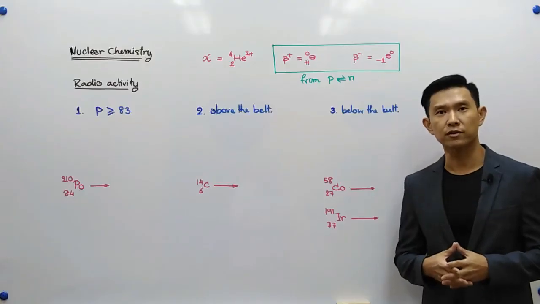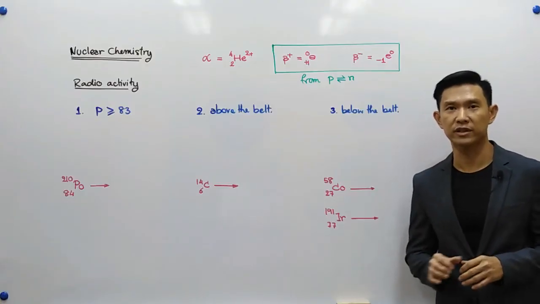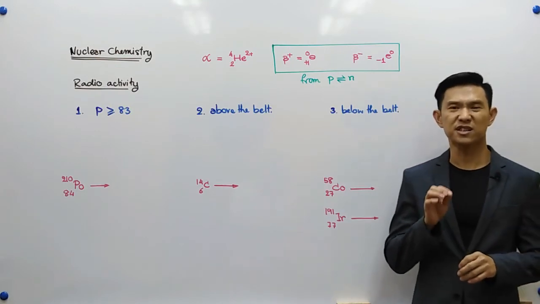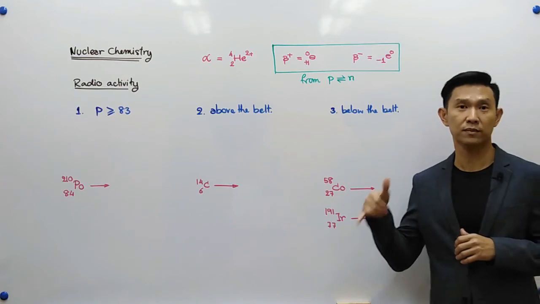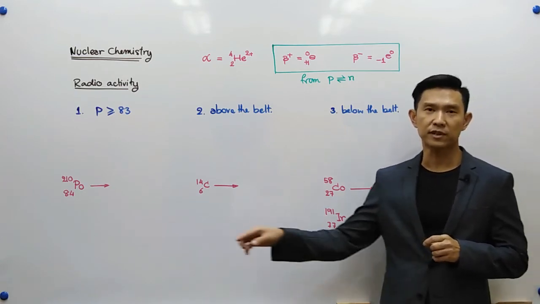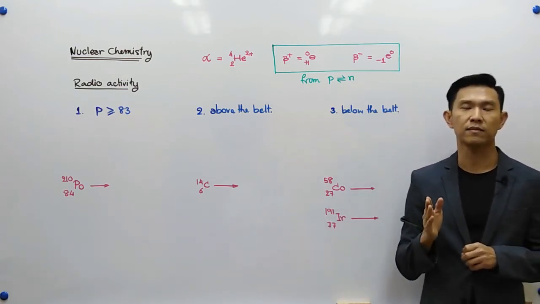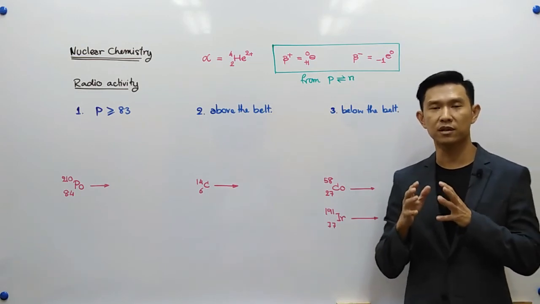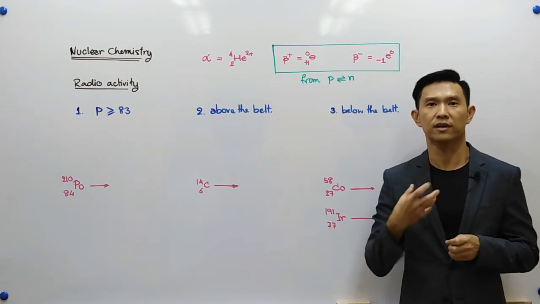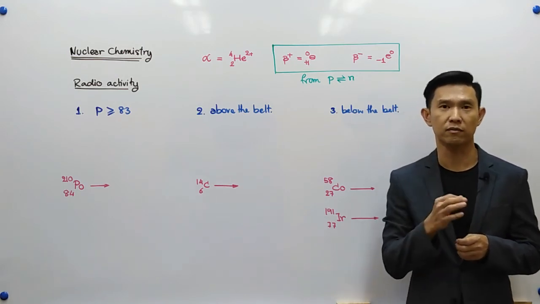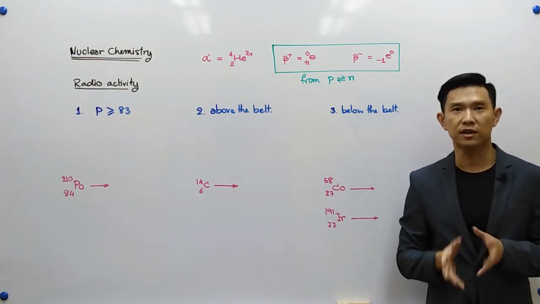From the belt of stability that I've already shown you, there is only a limited number of isotopes that are stable and stay on the belt. The belt of stability ends at number 82. So if you have any element with more than 82 protons, nothing is stable.